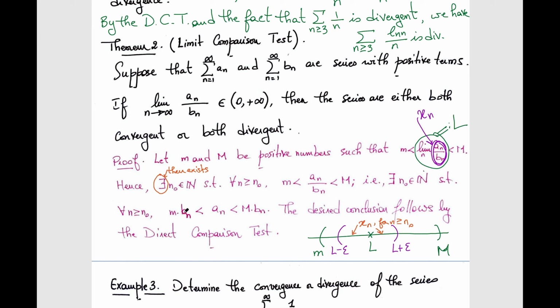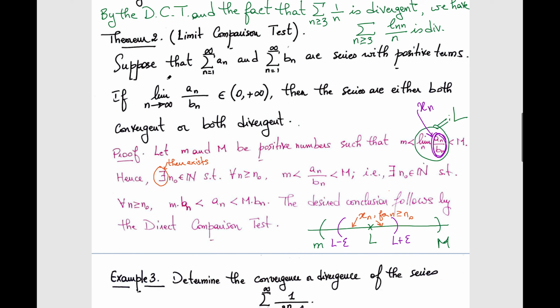So the direct comparison test also applies if I assume that the series sigma b_n is divergent. It tells me that the series whose terms are a_n is also a divergent series. Okay. So the direct comparison test actually implies the limit comparison test, as we see in the proof, right? We needed the direct comparison test to show the limit comparison test. All right.